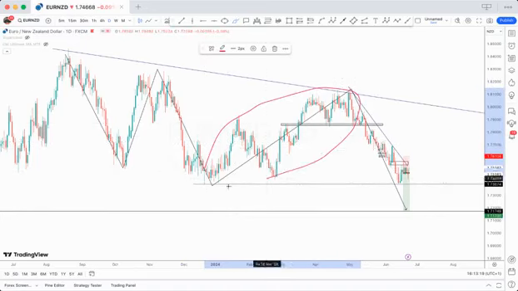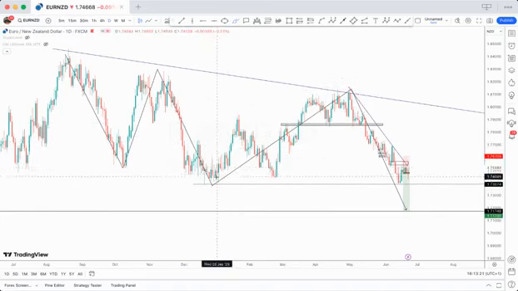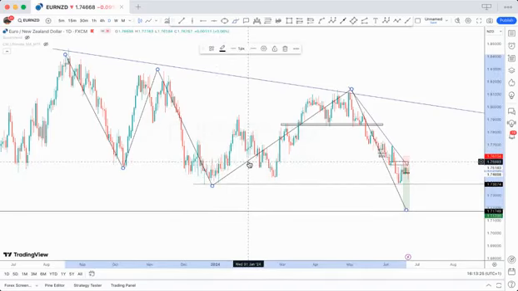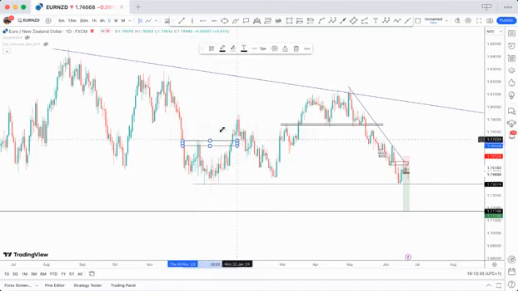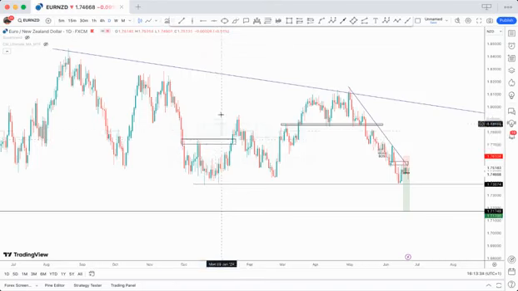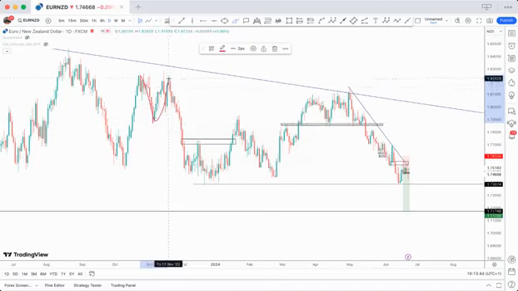All right. So if you look at what is happening right now, let me just delete this. We had a break of this structure right here. Usually structure breakouts are very important in the market, because initially we would have considered this as our impulse, our correction, our impulse, our correction, and then impulse.